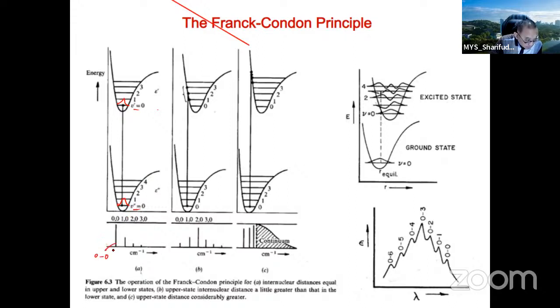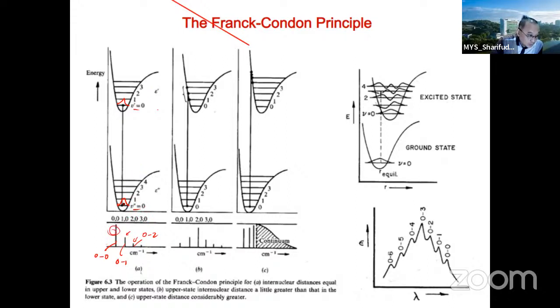because it can go, this one represents 0, 0. This one represents 0, 1. This one represents 0, 2. Although the labels here are the other way around, because that is the way they write it. So 0, 0 is here, strong overlap, so high intensity.